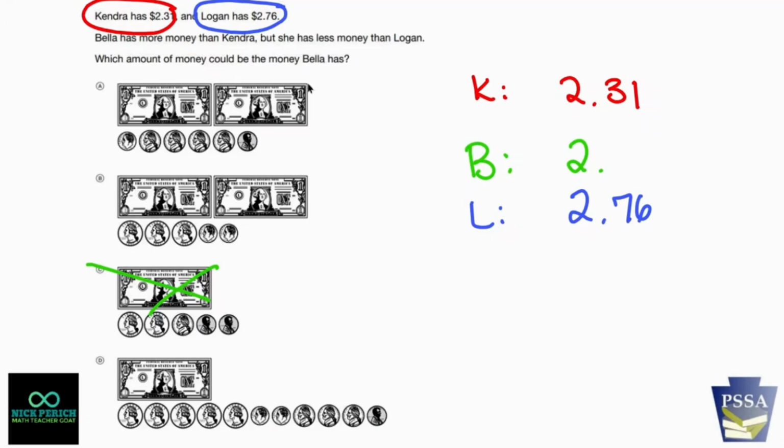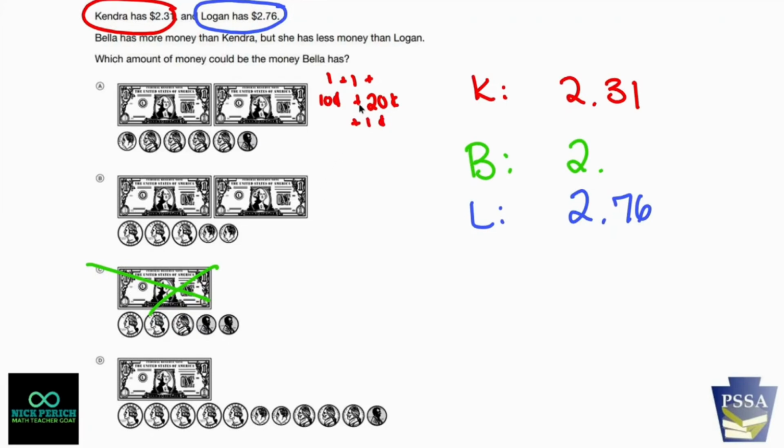We have $1, $1, and we're going to add 10 cents, and 1, 2, 3, 4 nickels, which is 20 cents, and a penny.